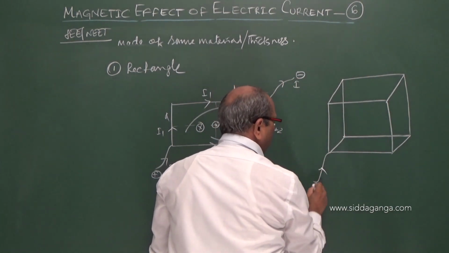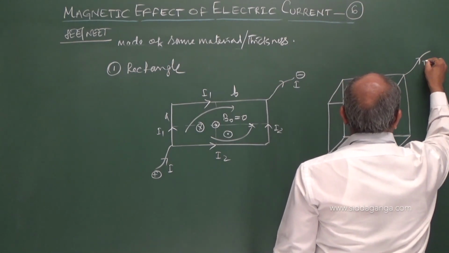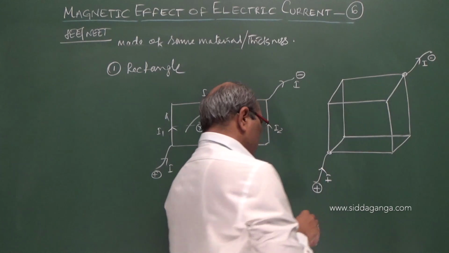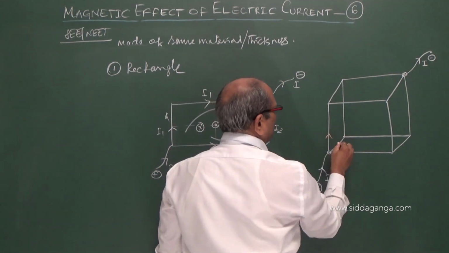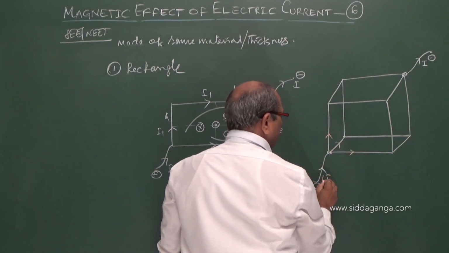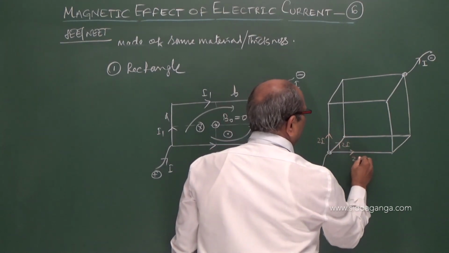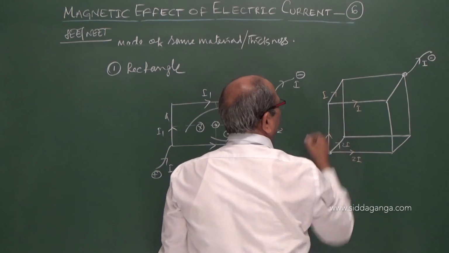This may be the current entering and here it exits oppositely diagonal. I am showing this current: what enters here gets split into three parts. Suppose this is 6I. I can make it 2I, 2I and 2I. Again they go to I and I here.